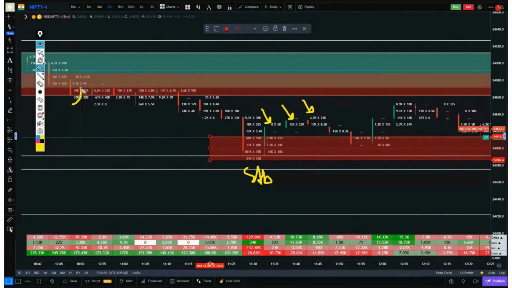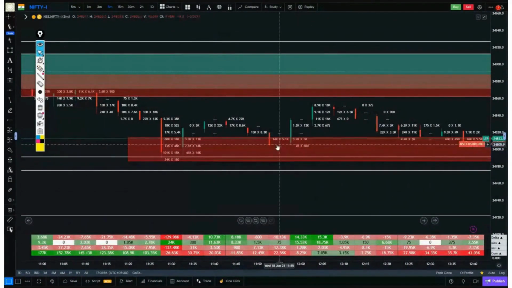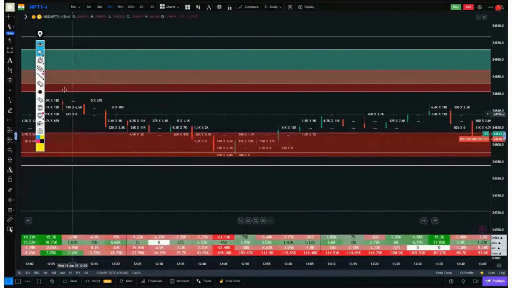Just like there was selling and the market was holding below this selling zone, considering it as resistance, in the very next candles all the selling zones were broken on the upside, which indicates selling absorption. Now, the next candles came back for a pullback, there was a rejection, again Nifty came to the same spot.